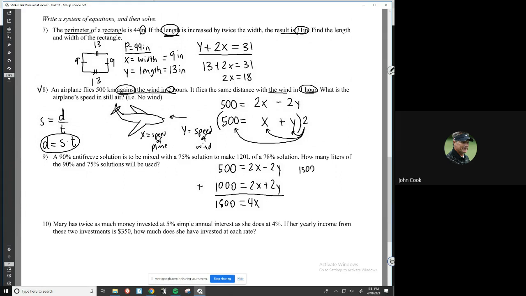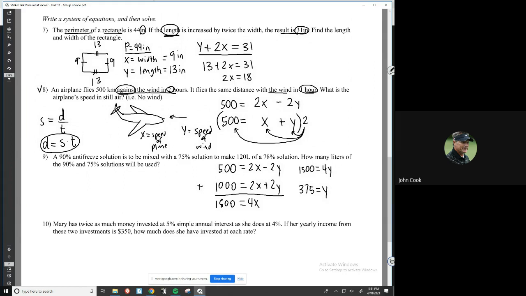1,500 equals 4x. So if I divide both sides by 4, I think that's 375. Let me get my calculator. I never trust myself. 1,500 over 4. Yeah, 375. I should have believed in myself.